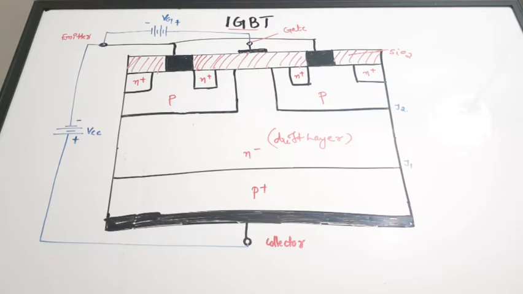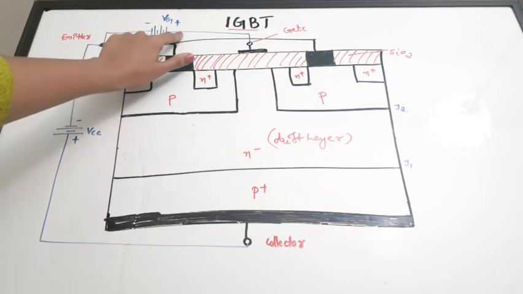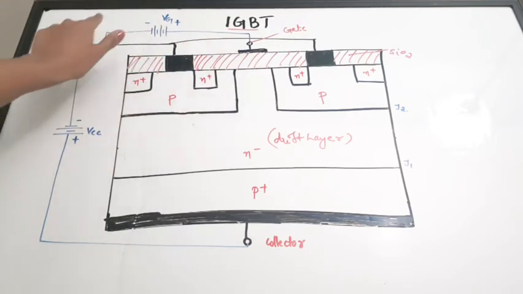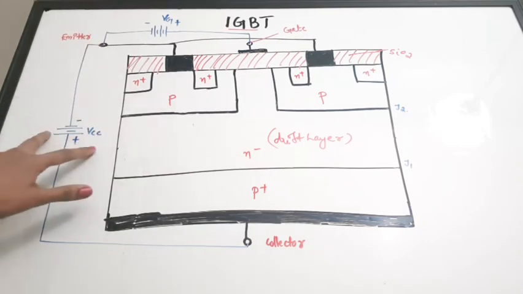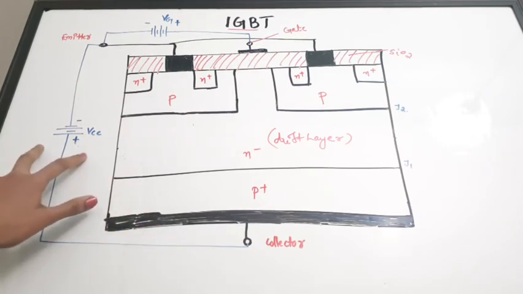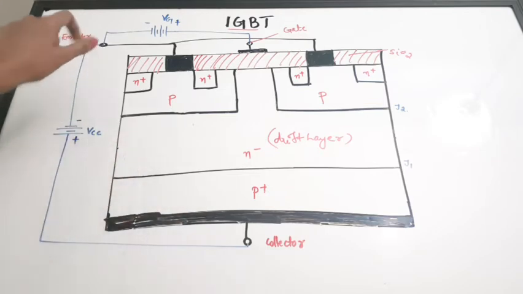There is a voltage connected in between the emitter and gate, which is taken as VG. You can see that the positive side is connected towards the gate, and the negative towards the emitter. Next, there is a battery connected in between the emitter and the collector, which is the VCC, with the positive terminal connected to the collector and the negative terminal connected to the emitter.